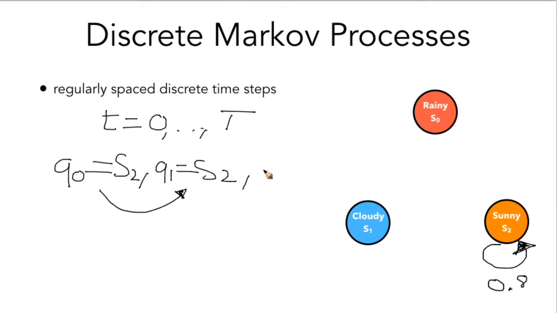Now, if on the next day, that is q2, we observe rain, that is S0, we would draw this in our diagram as an arrow that points from S2 to S0. And this could have the probability of 0.1.